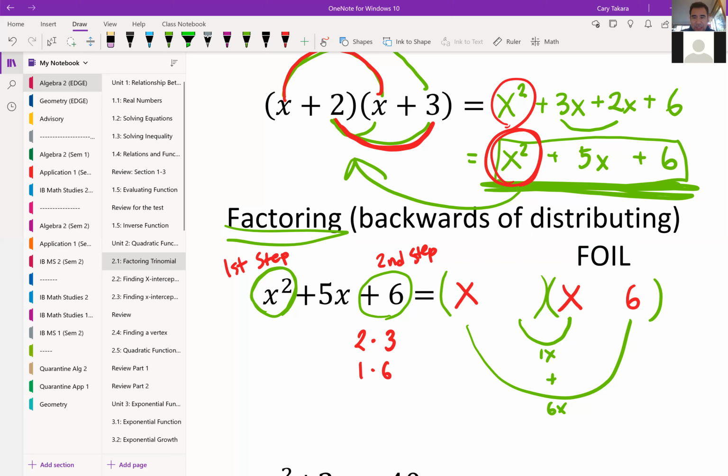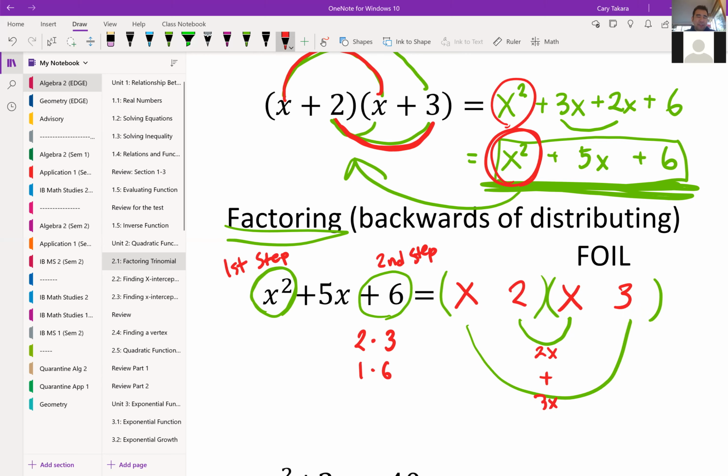Okay. So let's not go for 1 and 6, but let's see 2 and 3. The more you do this, it gets easier and easier. So what if 2 and 3? Well, it's 2x and 3x.